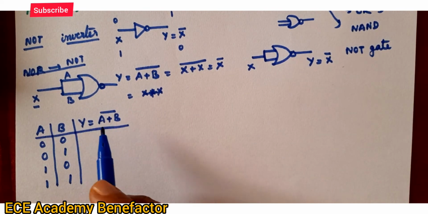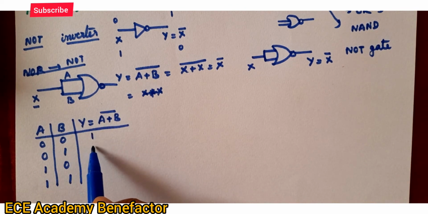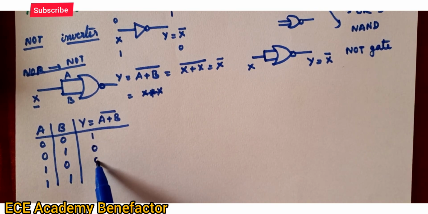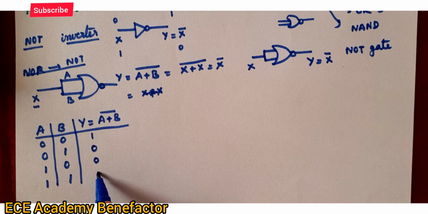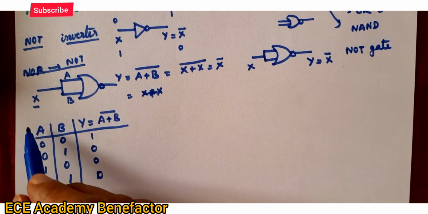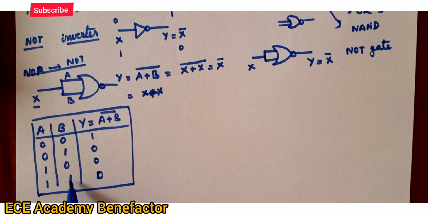So what will it come? For 0 0, it will come as 1. 0 1, it will come as 0. 1 0, the output is 0. 1 1, the output is 1 plus 1 is 1, so complement is 0. So this is the truth table of the NOR gate.